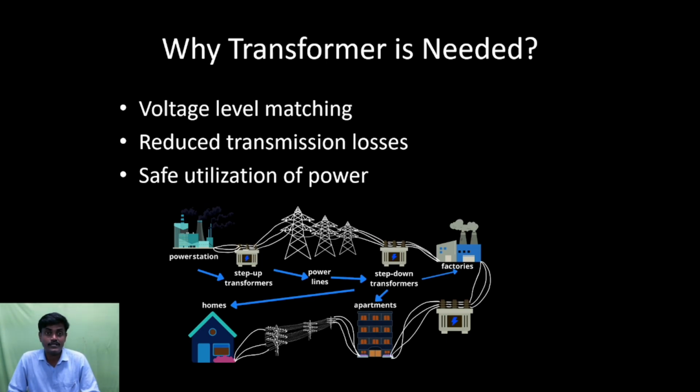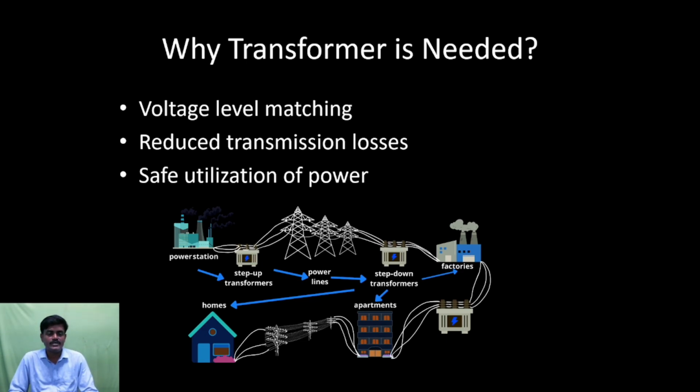Sometimes I only get 150 volts, whereas my aim is to get 230 volts, so the generation is entirely lost. To avoid that, I use a step up transformer at the power generating station and a step down transformer at the consumer side. Then only can I get a stable voltage.